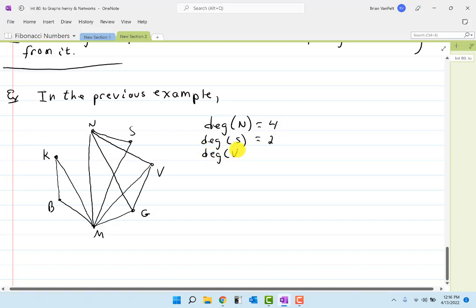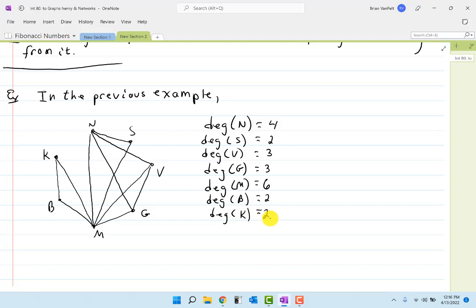The degree of V equals, for V I have 1, 2, 3 edges coming out of it. The degree of G, 1, 2, 3, also has 3 edges coming off of it. The degree of M, there I think M had the biggest degree, 1, 2, 3, 4, 5, 6. Finally, the degree of B is just 2, as it is with K.